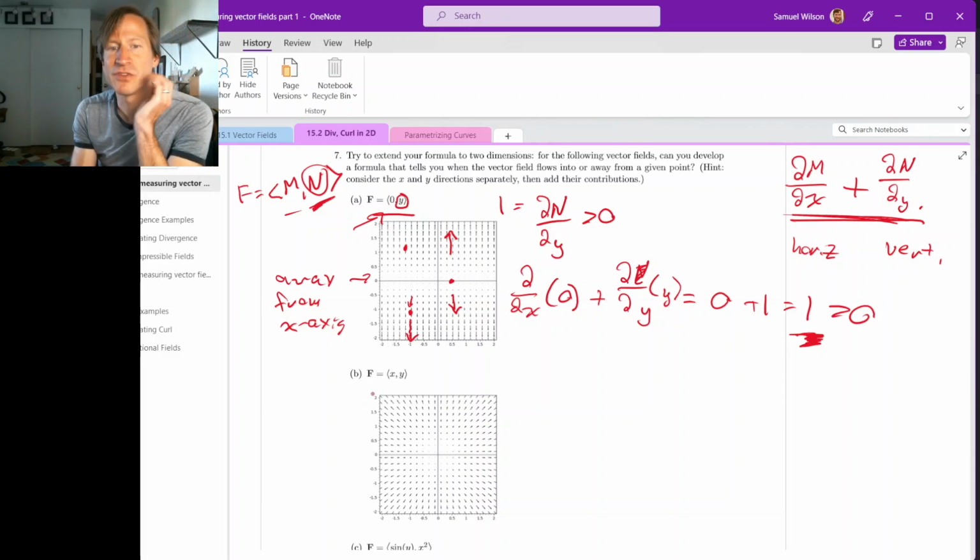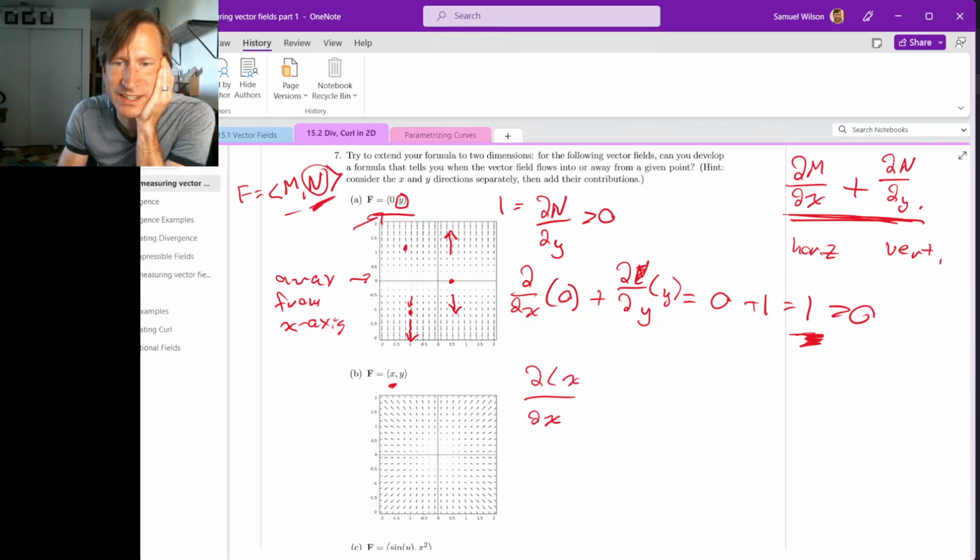All right, how about for this vector field? Let's compute this quantity and see what we get. The derivative with respect to x of the x coordinate function, which is x, plus the partial of the y coordinate function, which is y, with respect to y. Fortunately, these derivatives are easy. They're 1 plus 1, so that's 2.